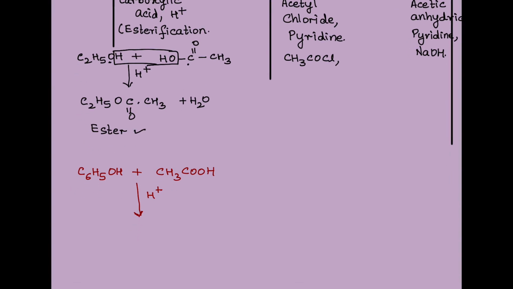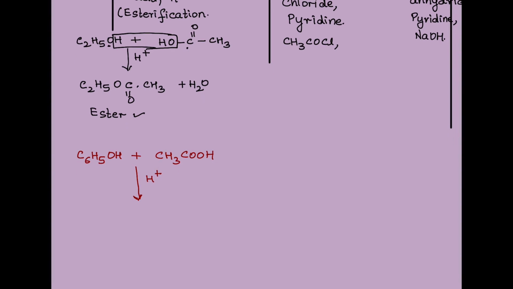ethyl acetate. Now a similar reaction, because we've got an active hydrogen over here in the case of phenols, a similar reaction should take place in the case of phenol. So let me flip this over and I will have HO, C double bond O, CH3, form the box, and we have C6H5O, C double bond O, CH3.